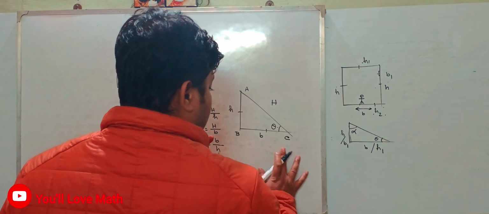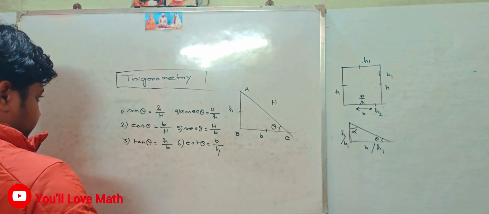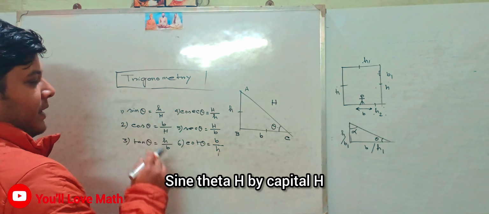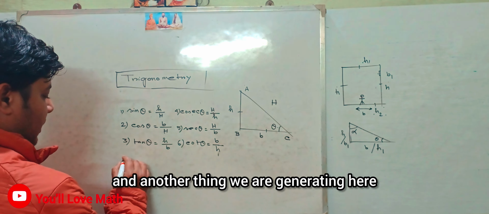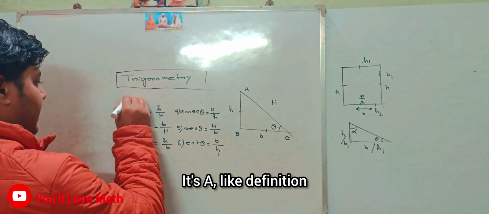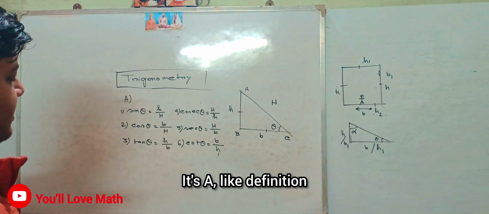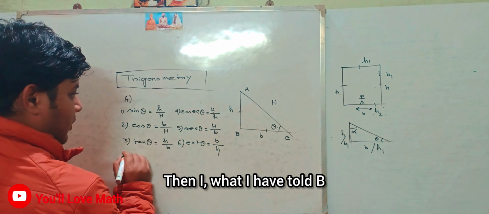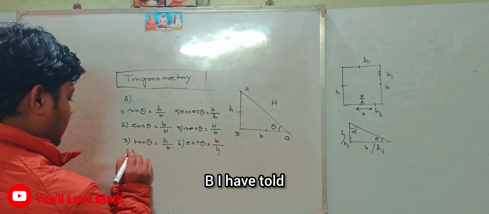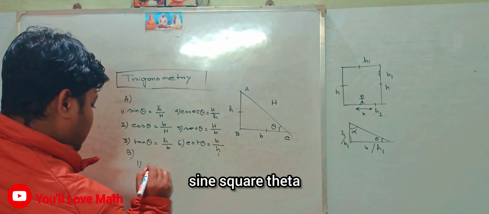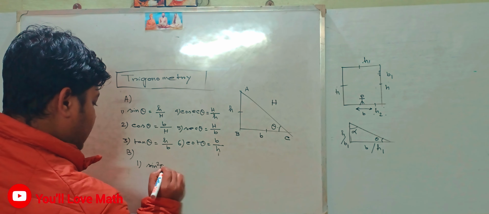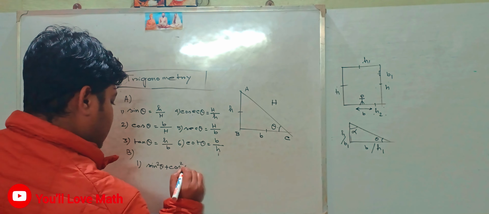Now make a division with me. Sin theta is h by capital H, cosec theta is capital H by h, and another thing we are generating here is like a definition. Then formulas B: B1, sin square theta plus cos square theta equals 1.